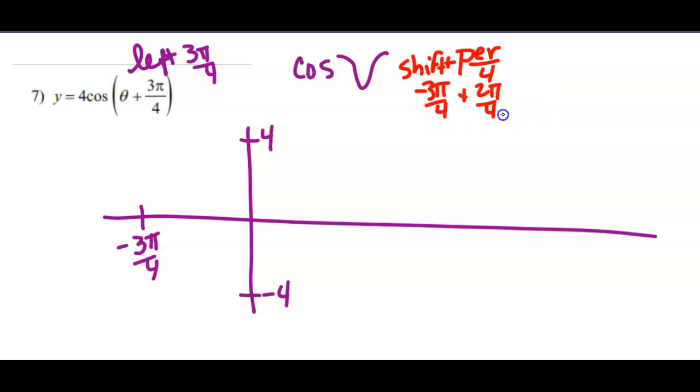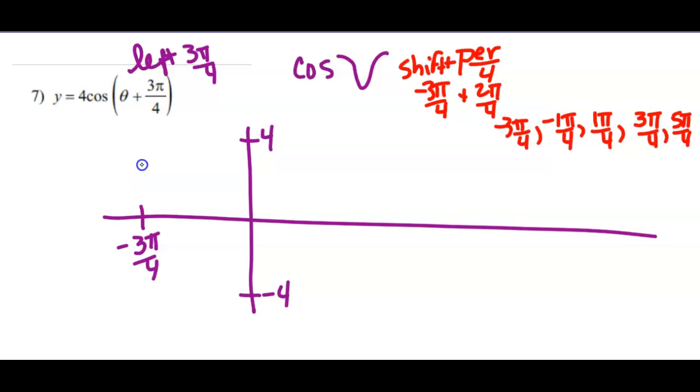Now these nicely have a common denominator. So the first one was -3 pi over 4. When I add 2 to that, I get -1 pi over 4. If I add 2/4 to that, I get +1/4. If I add 2/4 to that, I get +3/4. And one more time, +5/4. Did I need that many?